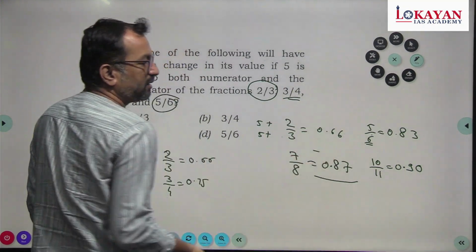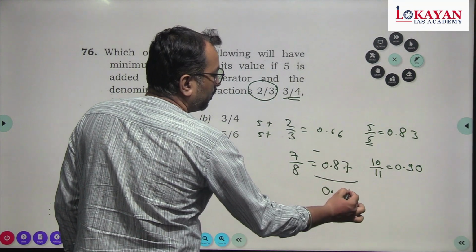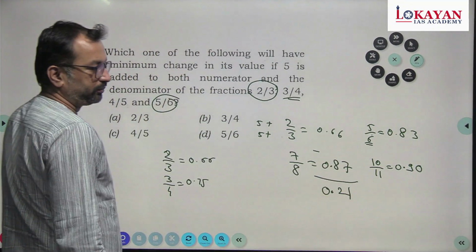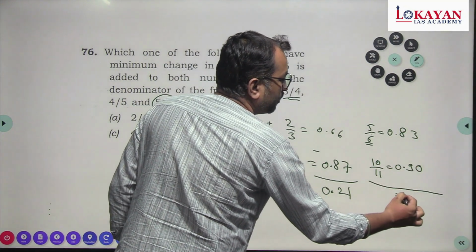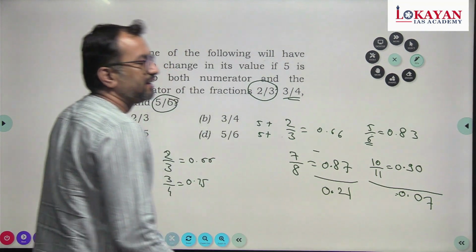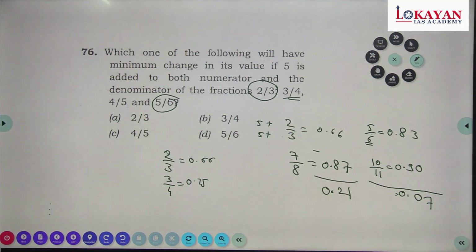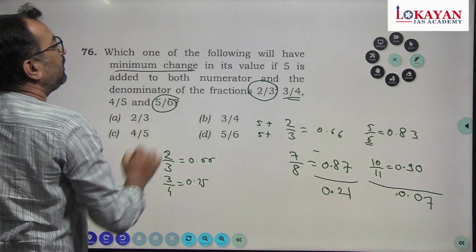0.87 में से 0.66 अगर मैंने subtract किया तो difference will be 0.21 and here difference will be 0.07. So what is the question? Which one of the following will have minimum change in its value?